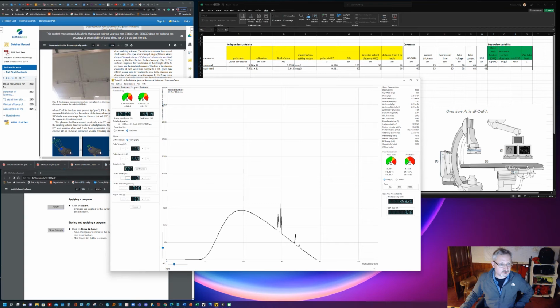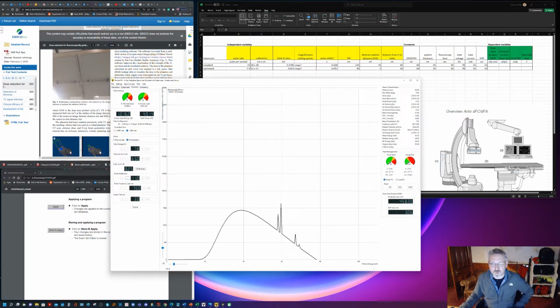So we'll move on to the exposure tab. Now on the exposure tab, it wants a setting of tube voltage of 78, which is there, and a tube current of 63, and it is there, and it wants a pulse width. So pulse width is the exposure time per pulse, yeah?